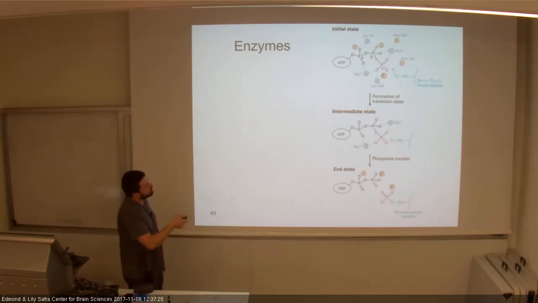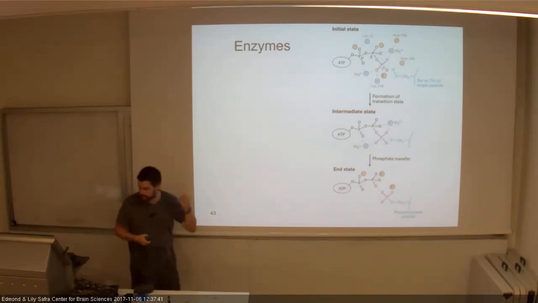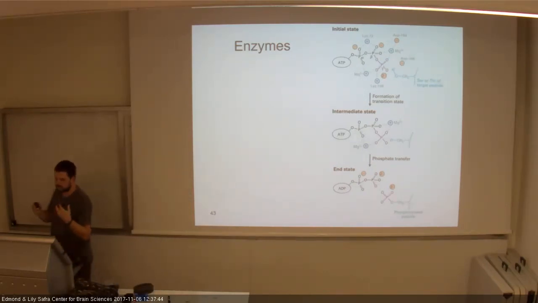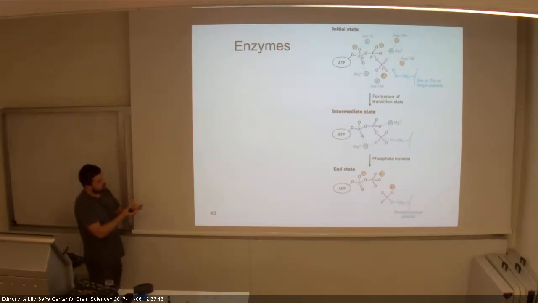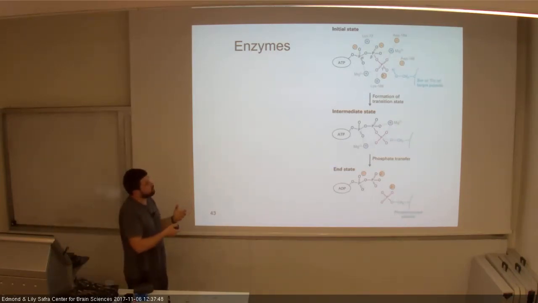Thus, they're making the intermediate state in which the oxygen of the serine will now chemically attack this phosphate. Before, these oxygens were surrounding the phosphate and creating a very strong negative charge around it, which would repel the charge of the oxygen.